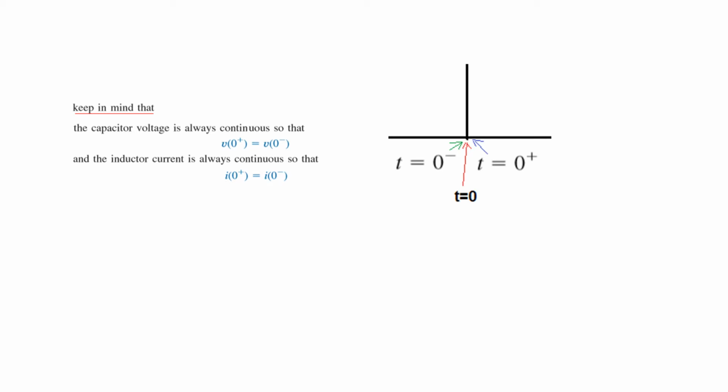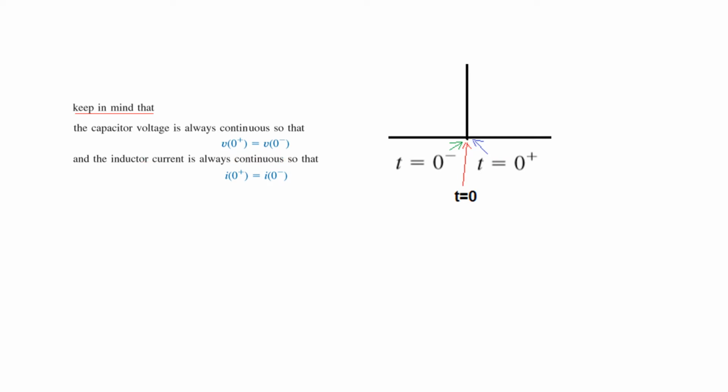you have to keep in mind that the capacitor voltage does not change instantaneously, that the capacitor voltage always continues, so that V0 plus is equal to V0 minus. So whatever is the capacitor voltage here, same will be the capacitor voltage here. Same way, the inductor current does not change.